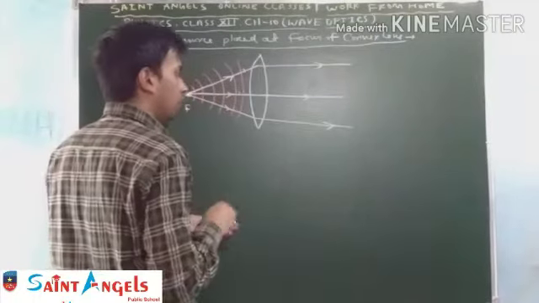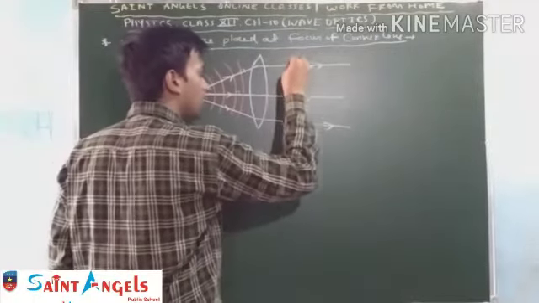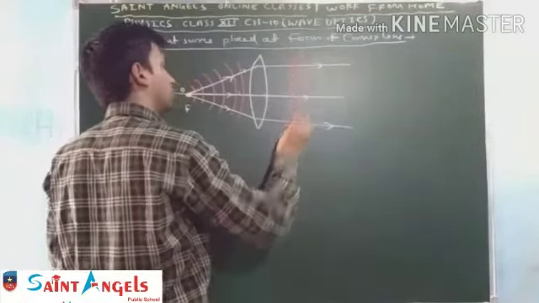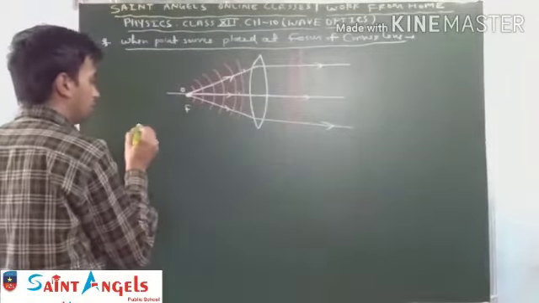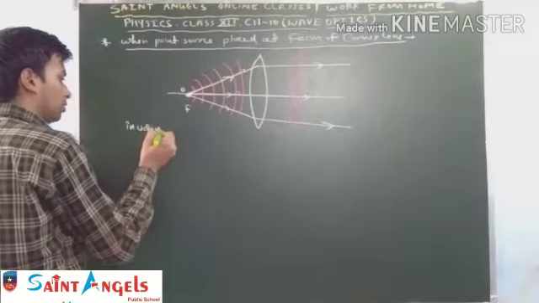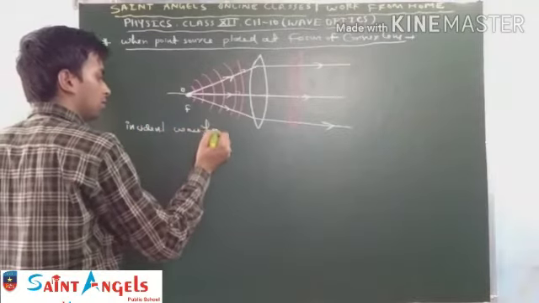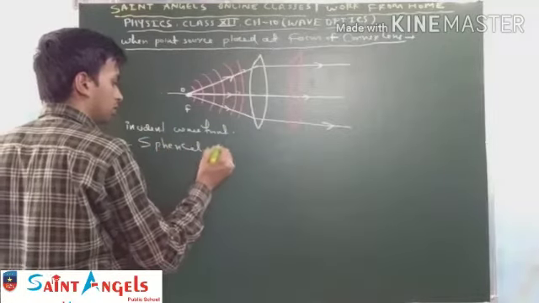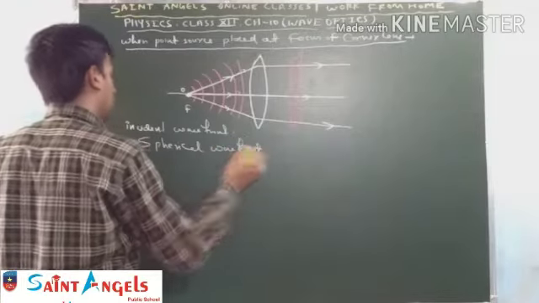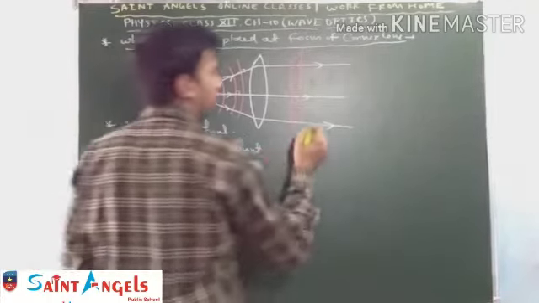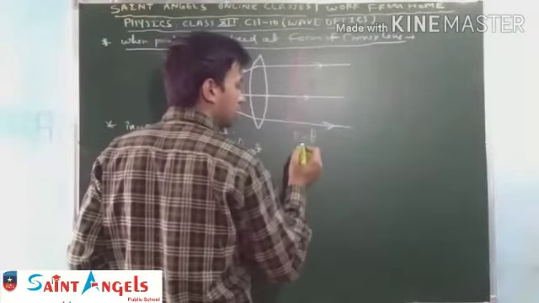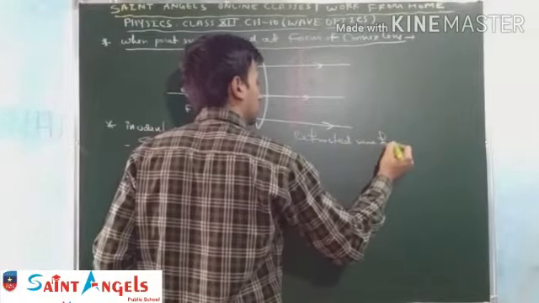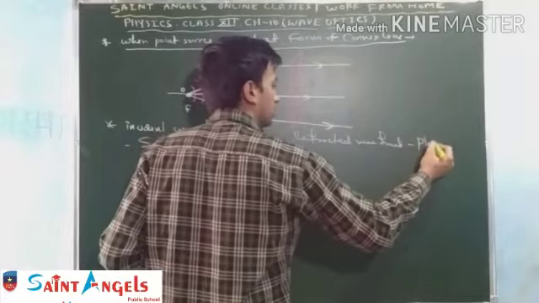So the nature of the refracted wavefront is a plane wavefront. So the incident wavefront is a spherical wavefront, and the refracted wavefront is plane wavefront in nature.